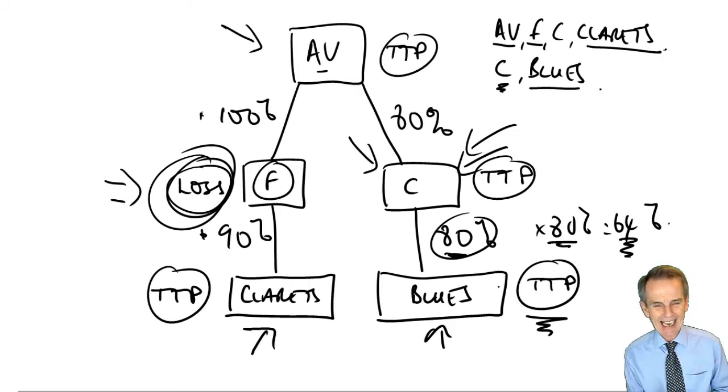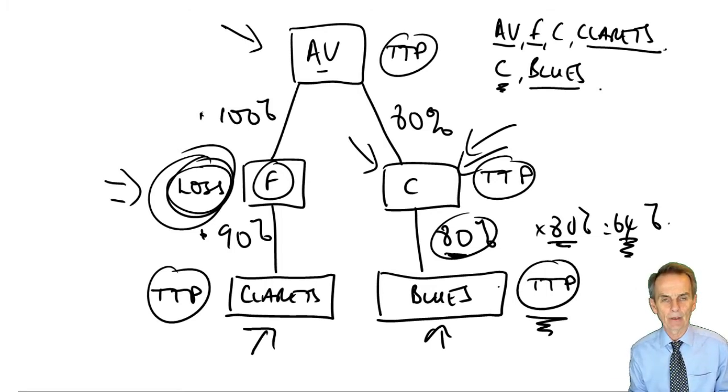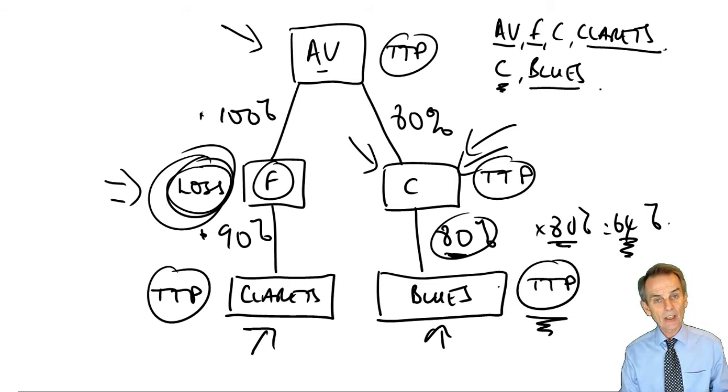So in attacking any problem, you need to understand what those group relationships are. If we're talking about group relief of losses, identify: there's always going to be the main group, which will stem from the parent company, principal parent company, here AV. It will extend to its direct subsidiaries, here F and C, as long as they are at least 75%. It will extend to indirect as long as the effective percentage is 75%.